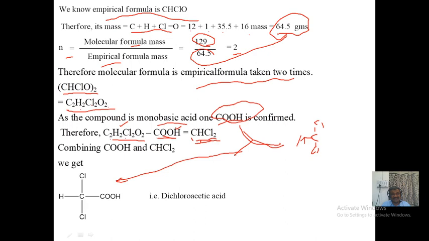Dichloroacetic acid, friend. It is a monobasic acid, friend. So see, your molecular formula is also fitting into this one, and its empirical formula is also fitting into this one, friend. So this is how, based on 3 laboratory results A, B and C, using the empirical formula and the definition of molecular formula, we are in a position to get not only the molecular formula but also, with the additional part I have used here, the structure of this compound. So this is dichloroacetic acid. Thank you, friends.